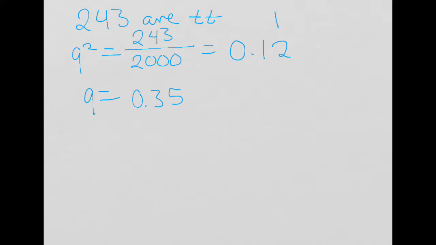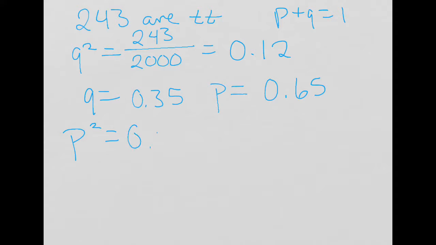From there, I know again, because P plus Q equals 1, that if Q is 0.35, P must be 1 minus 0.35, which is 0.65. I can then say that P squared is going to be the square of that.